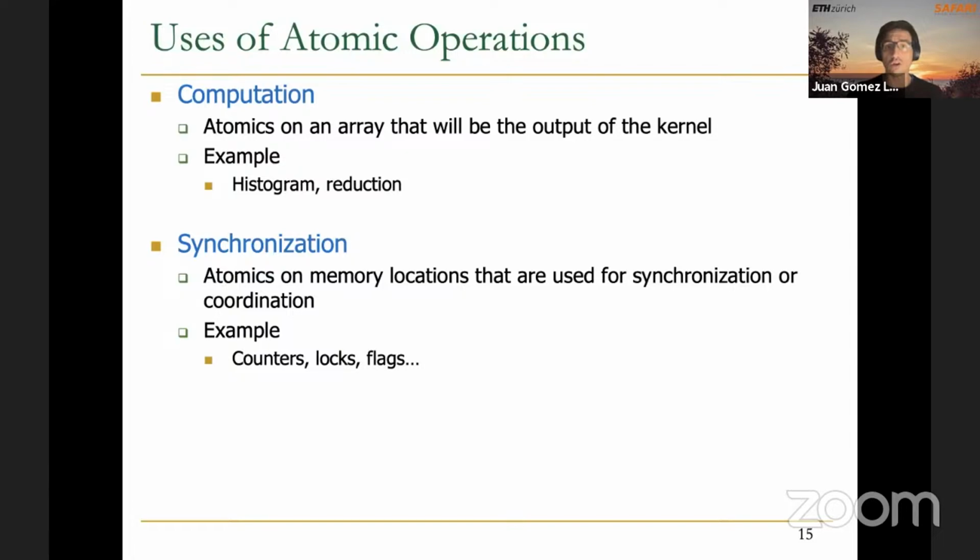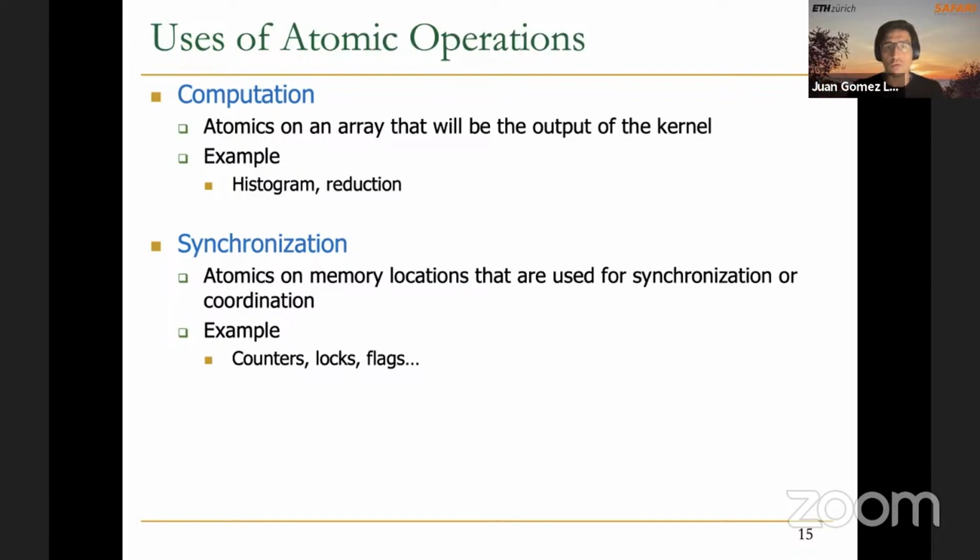But atomics are also very useful to carry out synchronization, to synchronize different threads or different thread blocks executing at the same time on the GPU. So we can use these atomic operations also for synchronization or coordination in the form of flags, locks, counters, etc. Today, we are going to very briefly talk about one example, which is string compaction, where we can use a counter, and this counter essentially tells every thread where they have to store the output value, and different threads, before storing a value, update the counter, and then they write in the corresponding right location, right?